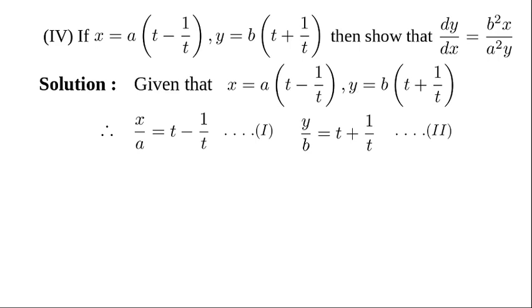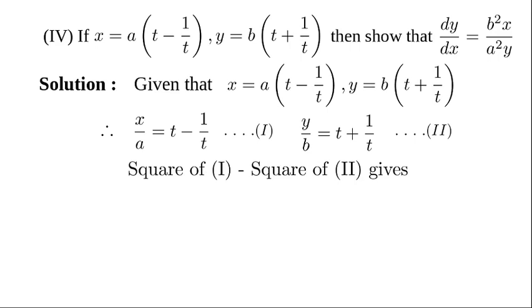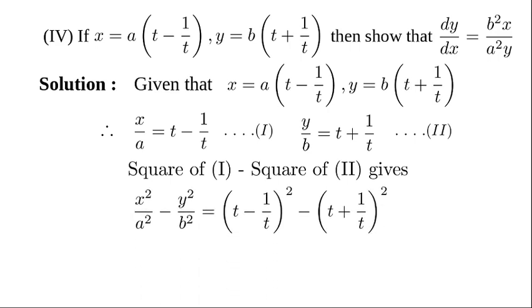And to eliminate t, what we do in this case is square them and take the difference. That is square of 1 minus square of 2 gives x square upon a square minus y square upon b square equal to t minus 1 upon t the whole square minus t plus 1 upon t the whole square. Now you'll understand the reason.